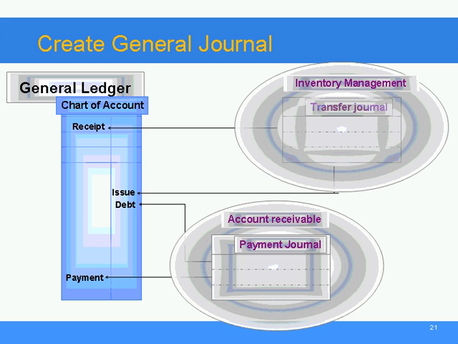Okay, so you see in this picture the example of how financial information goes to the general ledger. First of all, you need to create journals. For example, inventory management and the journal.